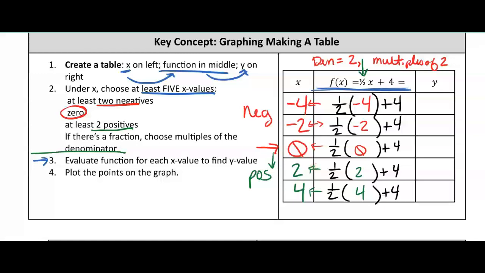All right, so my first y value is +2. Then I have half of -2, which is -1. -1 plus 4 is 3.